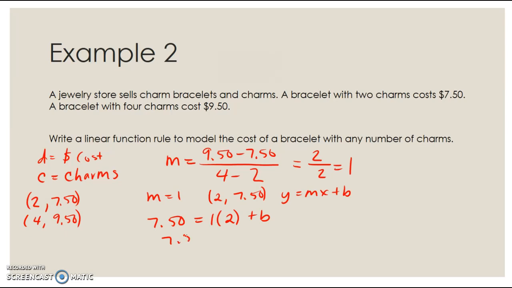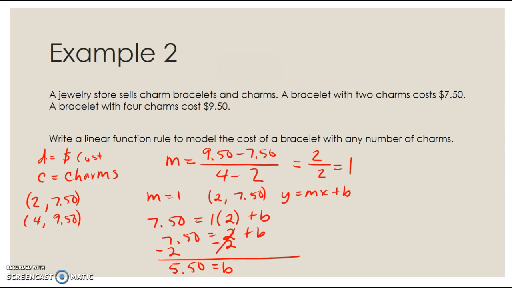So $7.50 equals 1 times 2 is 2, plus b. Solve for b, we're going to subtract 2 from both sides. So $7.50 minus 2 is going to be $5.50 equals b. So what this tells us is if I buy just the bracelet with no charms, the bracelet itself costs $5.50. So that's what that initial value means.